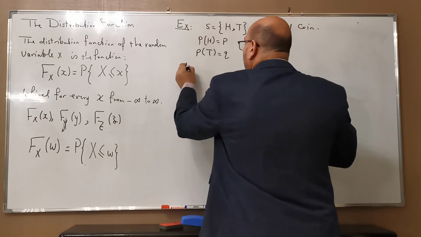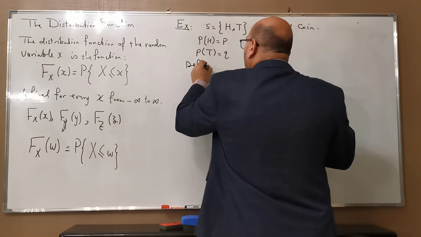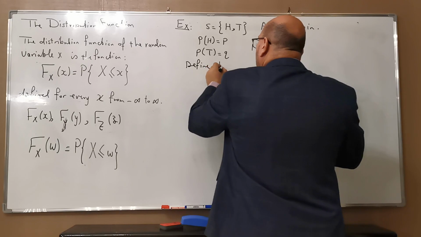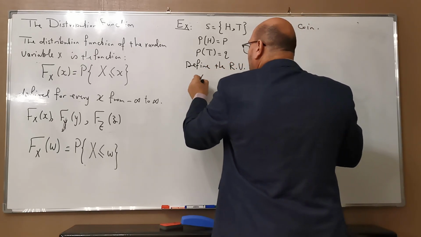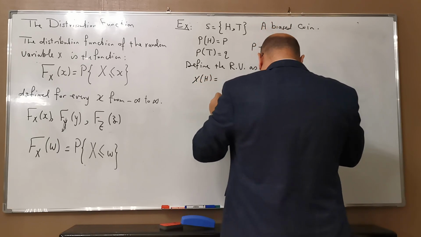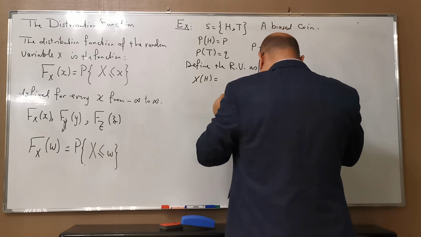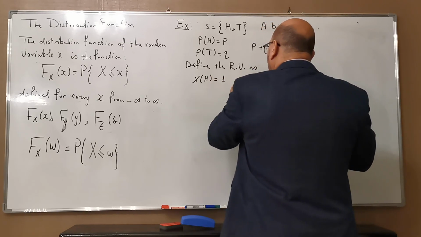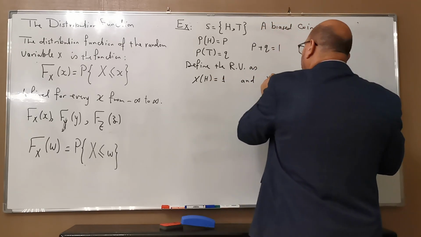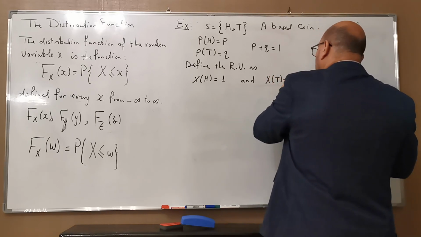So let's define the random variable as x of h equals 1 and x of t is equal to 0.